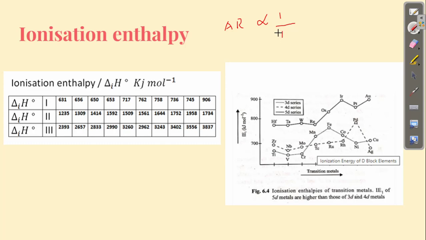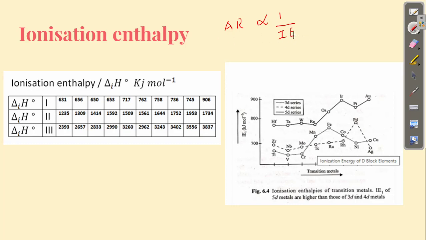Now what is ionization enthalpy? The energy required to remove the outermost electron from an atom or from an ion is called ionization enthalpy.